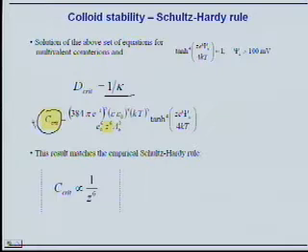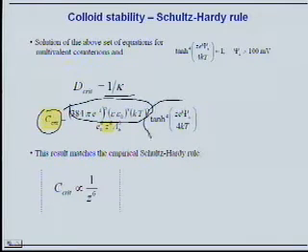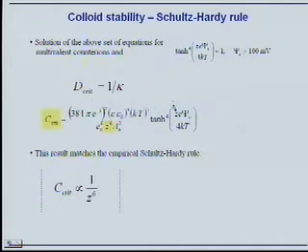But this is the relation between the concentration of electrolyte and lots of parameters here, the surface potential, the Hamaker constant, and then this one here, which actually is the charge of the counterion to the 6th power.